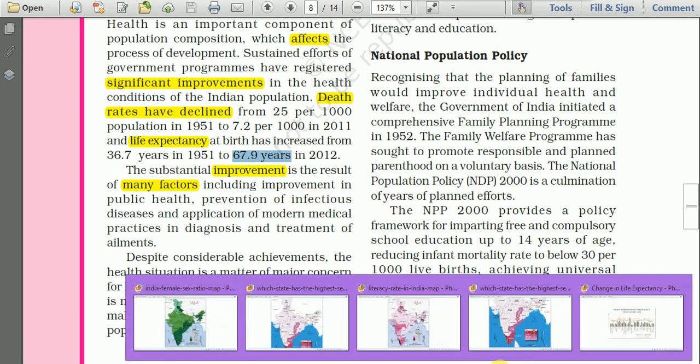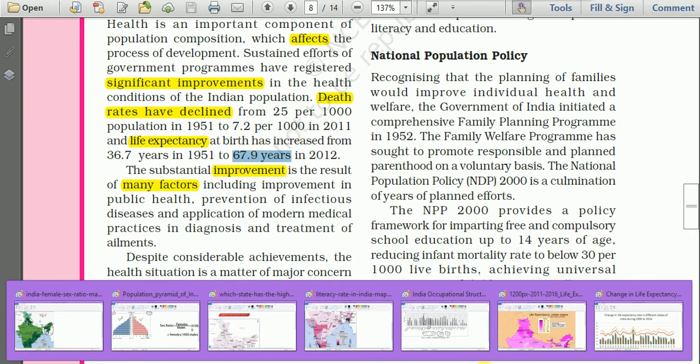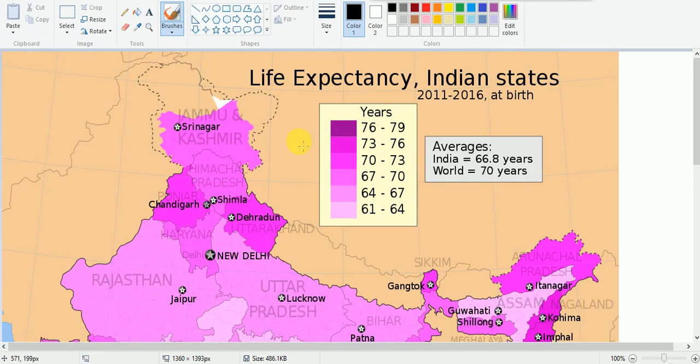And we may see a map also, and see here, this map shows the life expectancy of different Indian states from 2011 to 2016. We have learned that the national average is 66.7 or 8, and the world average is 70 years.